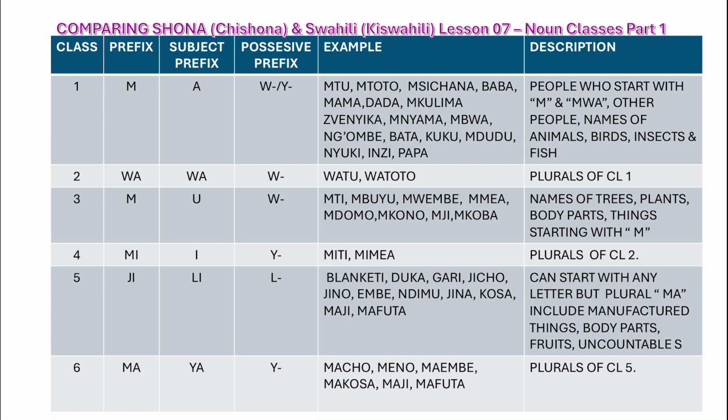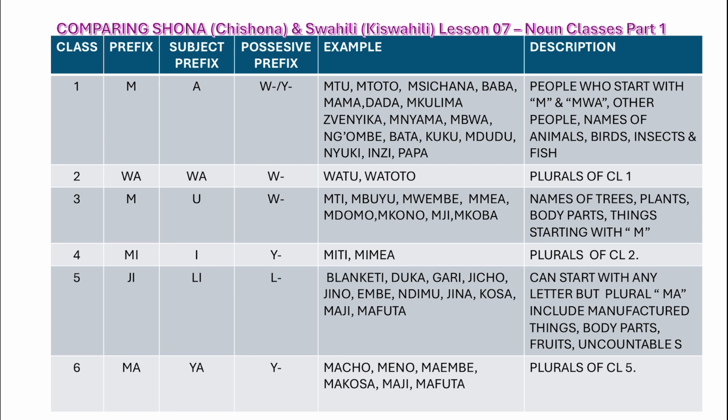Class 1 and 2, the m and wa class. These are normally people who start with m or mwa, and other people, names of animals, birds, insects, and fish. Let's give examples. Mtu is a person. Mtoto, a child or a baby.